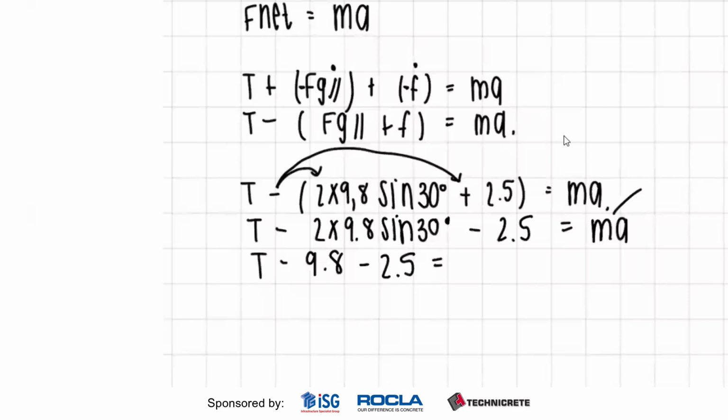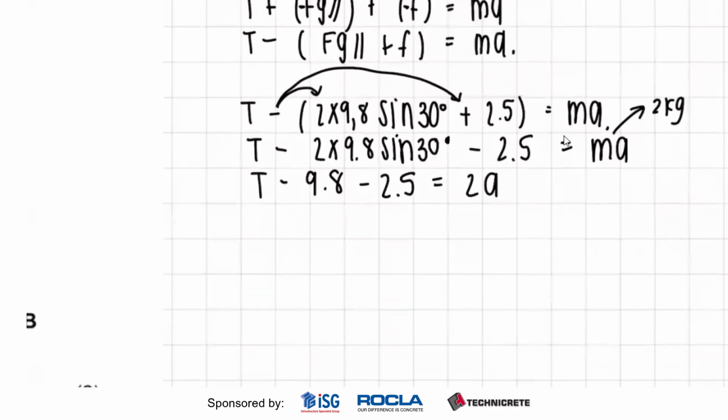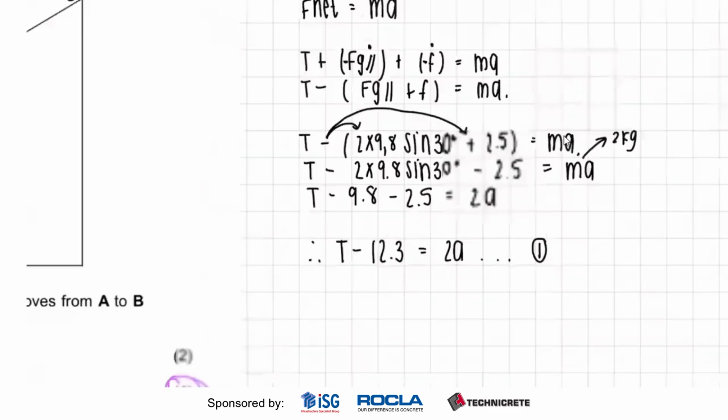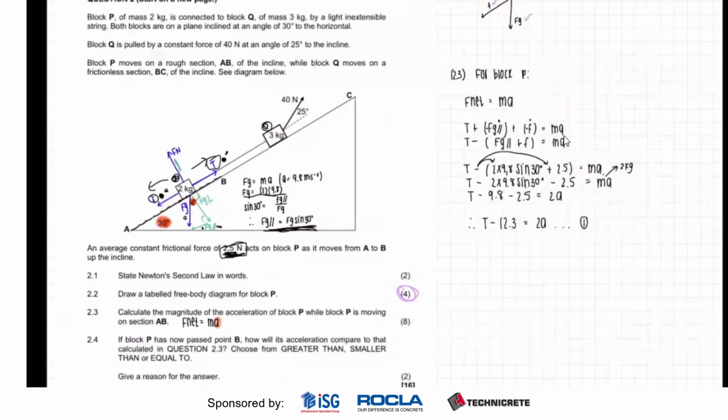And if we sub in the mass of the block, which is 2 kilograms, equals 2A. Okay, now if we simplify this a bit more, then we get, therefore, T tension minus 12.3 equals 2 times the acceleration. This is our first equation using block P only.